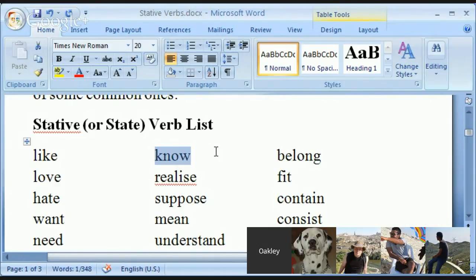I'm using it as a gerund form, knowing it. Very good. See, what gets tricky is just because a verb is stative does not mean it does not have a gerund ing form. Or we're going to see cases where when we add ing, it actually forms an adjective.